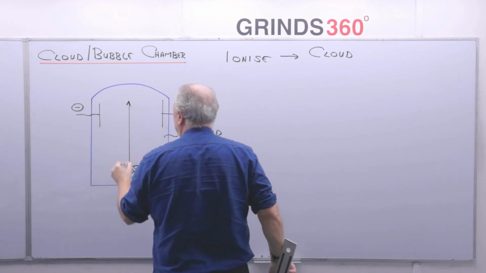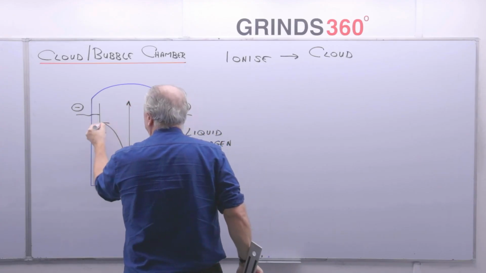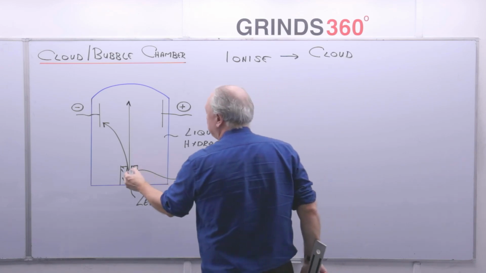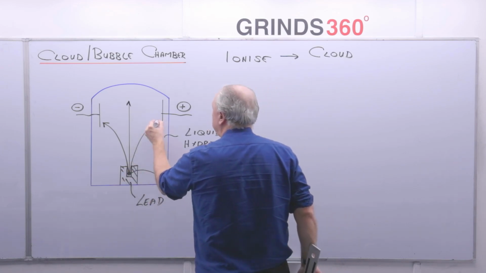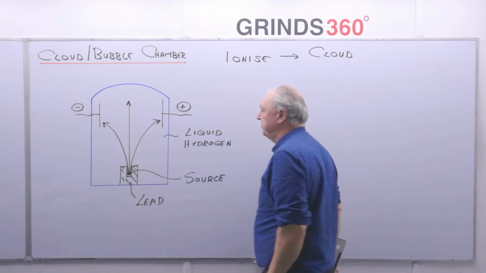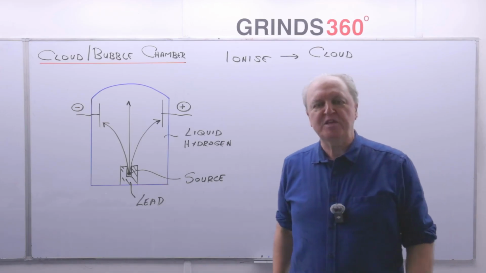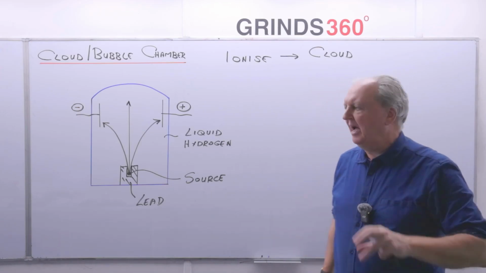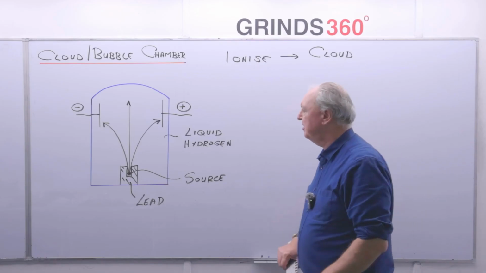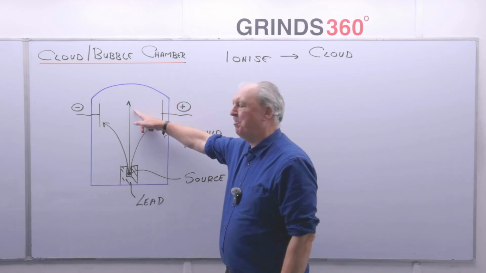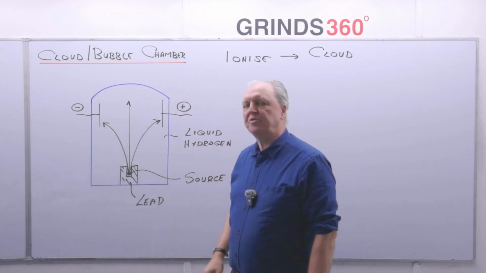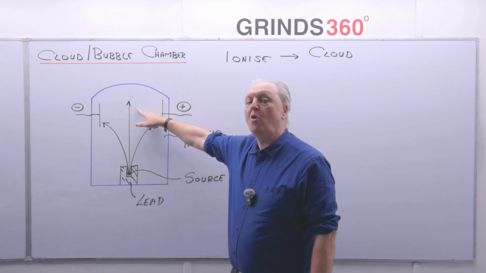One set of trails got drawn in that direction towards the cathode, and another set of trails got attracted towards the anode. So they saw that there were three types of particles getting spewed out. The particles that went straight up were unaffected by the electrodes, so they must have been neutral, no charge.